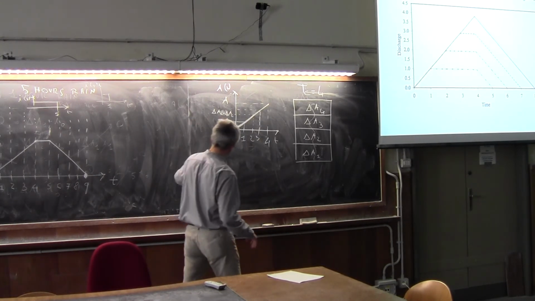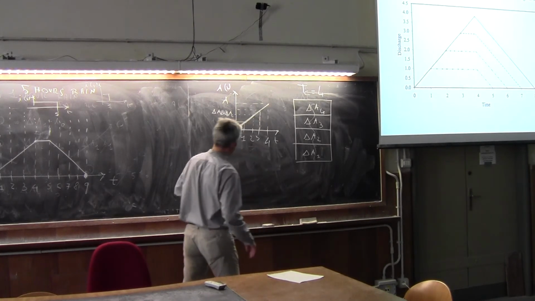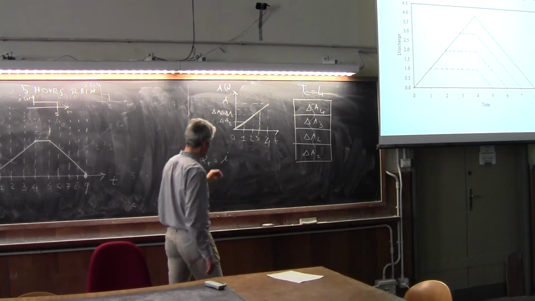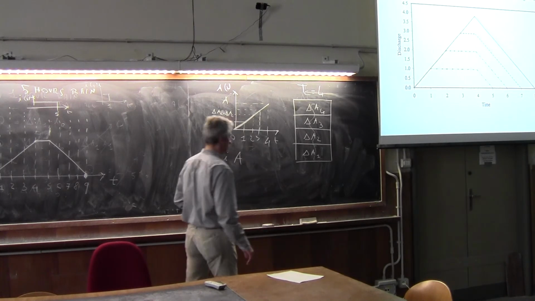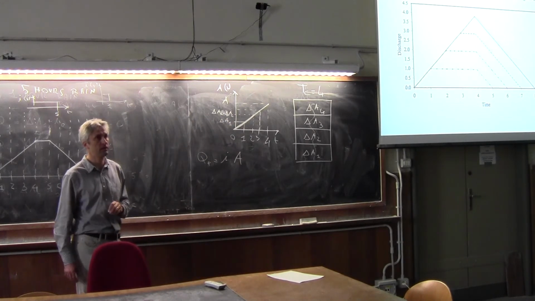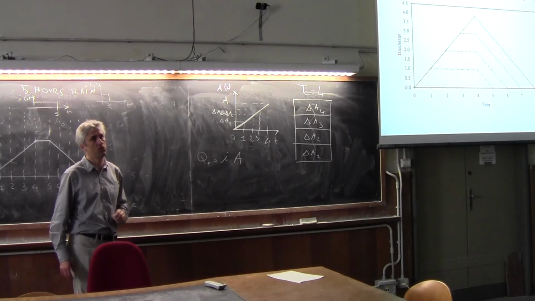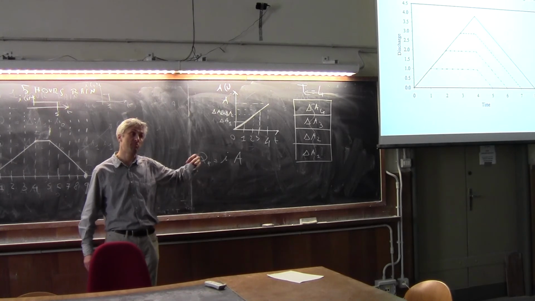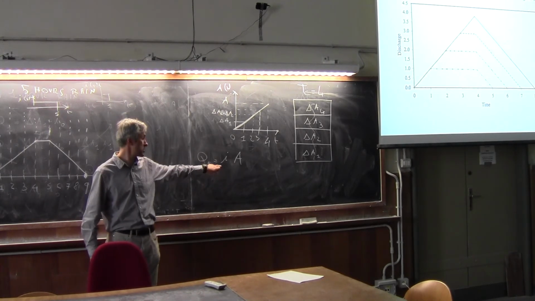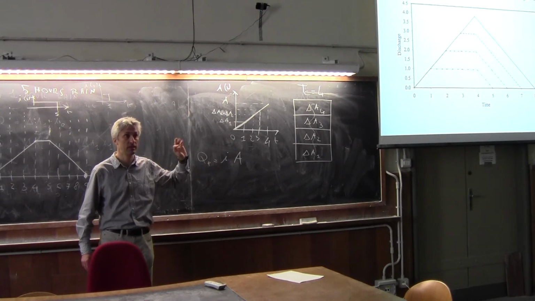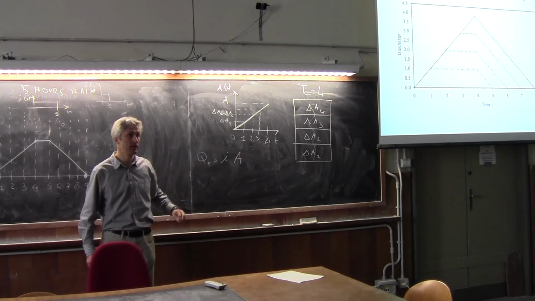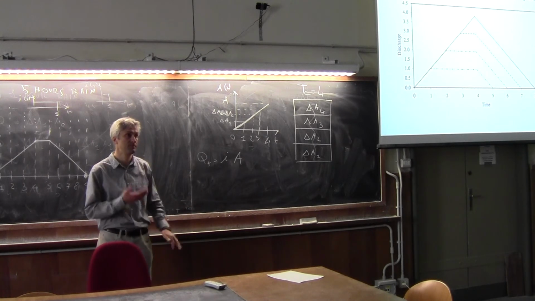It's equal to intensity of rainfall I times A, the total area of the catchment. What is this? It's the CIA formula, the rational formula. If you consider my premise that the runoff coefficient is already included here because we are dealing with the net rainfall, then you get back the rational formula.